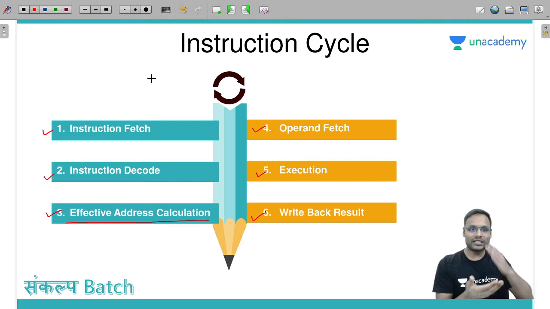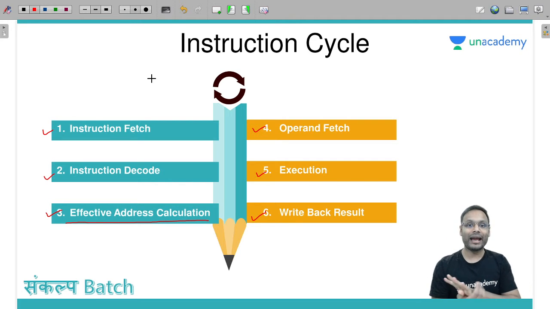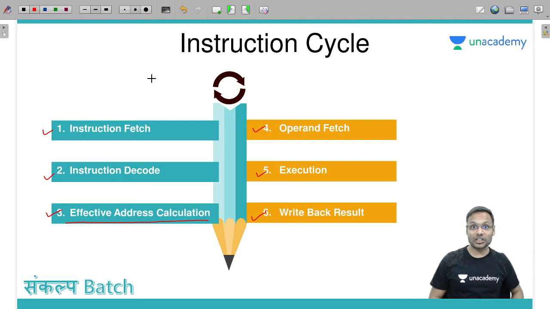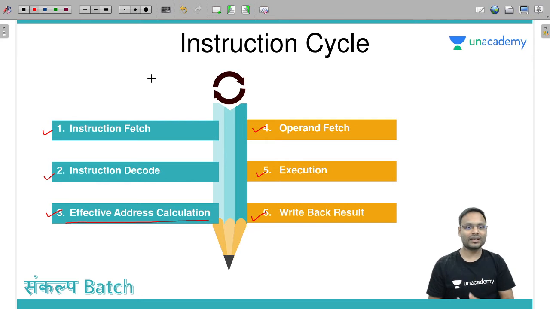Based on that, the CPU will try to get the effective address. Now, what is effective address? Effective address is nothing but the address of the operand or, in a branch instruction, the target address. What is a branch instruction? A branch instruction is that instruction which jumps somewhere. So where to jump? That's the target address. That is the effective address.